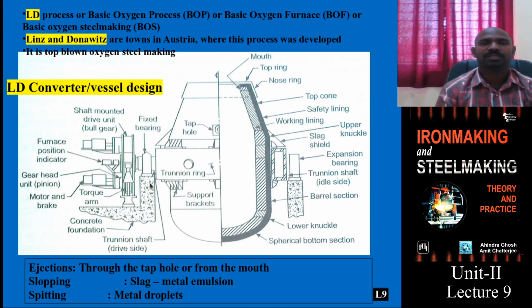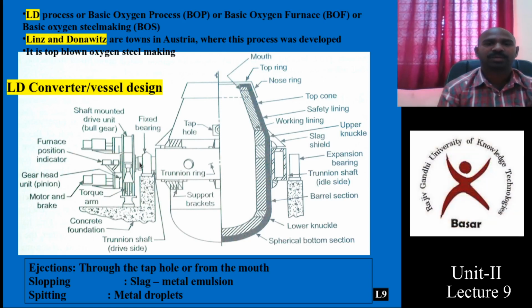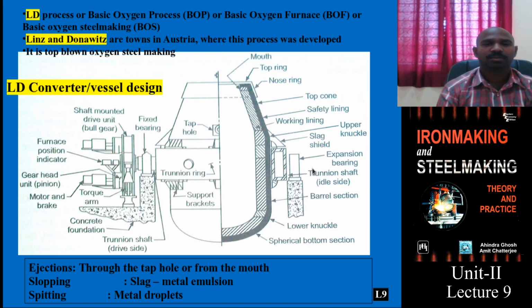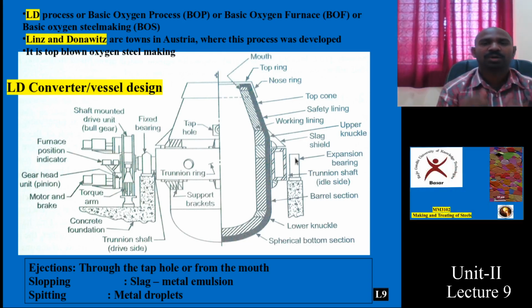These two stands on either side are foundations with concrete, and in between, this vessel sits with the connecting trunnion, gear and motor mechanism, with a rod from either side with a connecting shaft. This particular shaft is idle, whereas the other can be expanded and has bearings. You can increase the furnace height from the foundation.